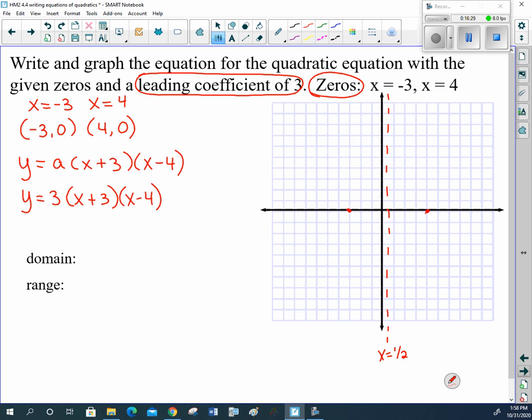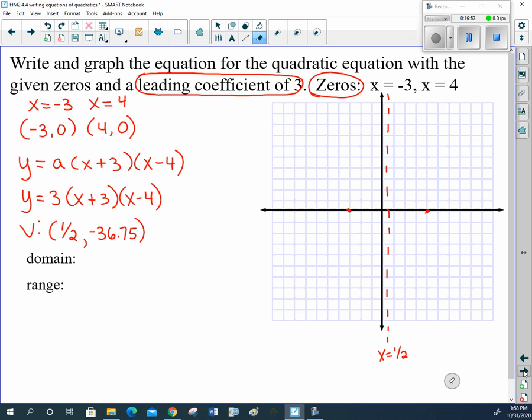So our vertex is going to be a half, and now let's plug a half back into our equation. So we're going to have 3 times 3.5 times a -3.5. And that turns out to be a -36.75. So that's definitely off our graph paper.